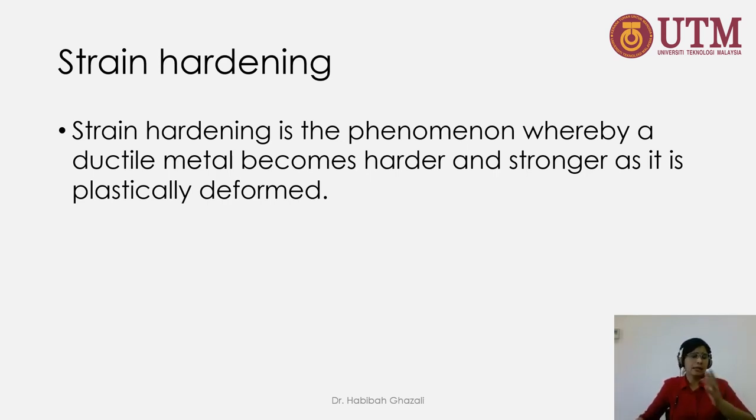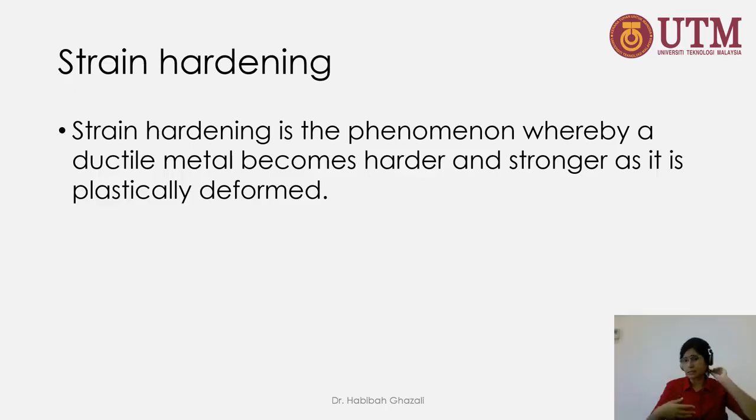During this plastic deformation, materials become harder and stronger as they are plastically deformed. And in every deformation process, new dislocation are always going to be introduced into the metal. The dislocation will hinder each other from moving.